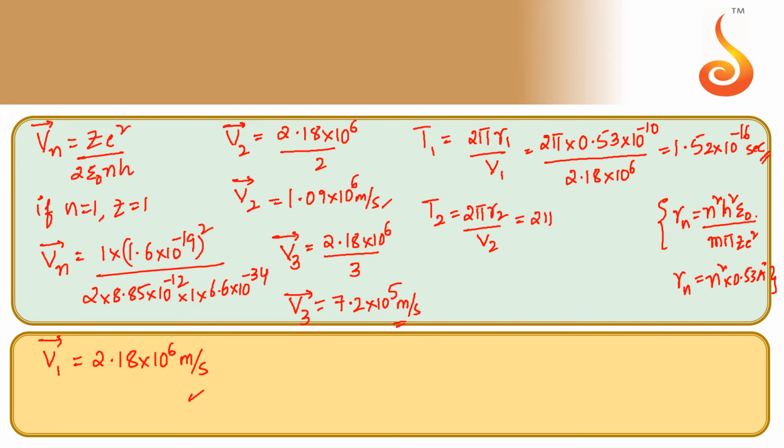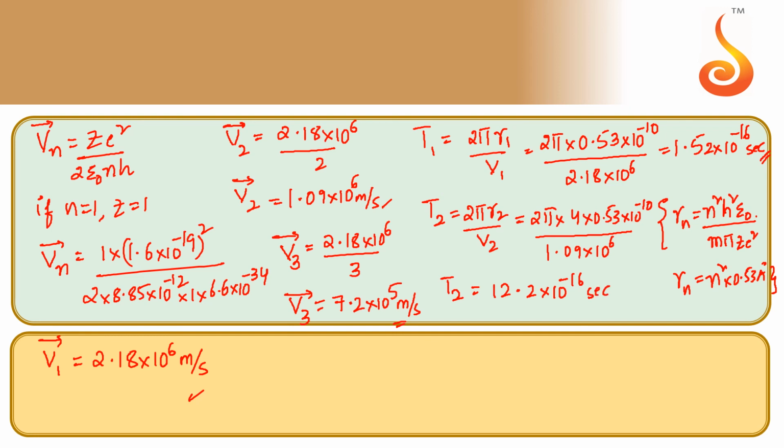So 2 pi r2 is nothing but 4 into 0.53 into 10 power minus 10 by v2, and v2 is nothing but 1.09 into 10 power 6. So finally we get the T2 value as 12.2 into 10 power minus 16 seconds.